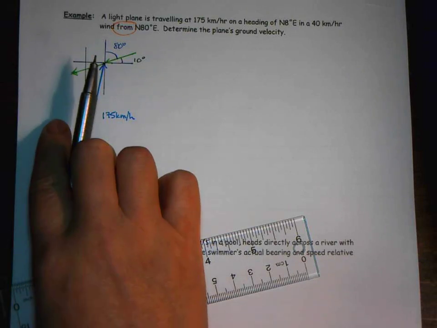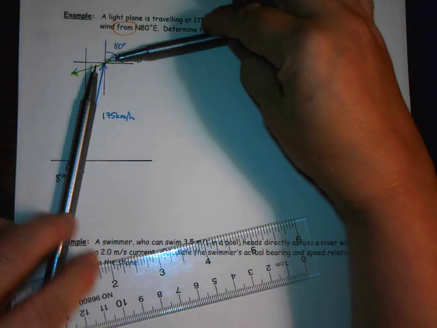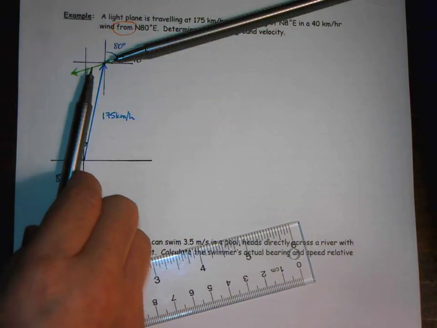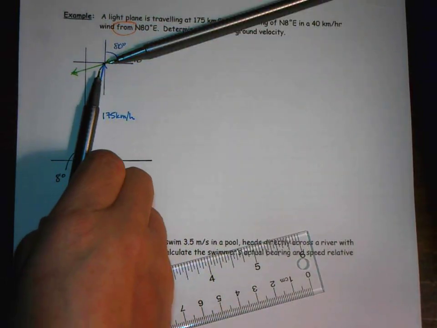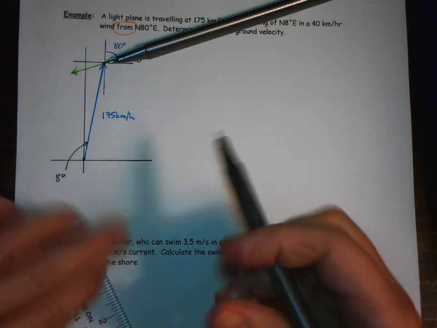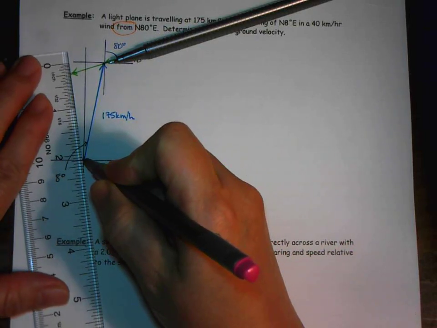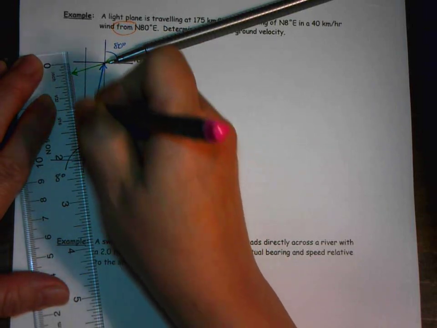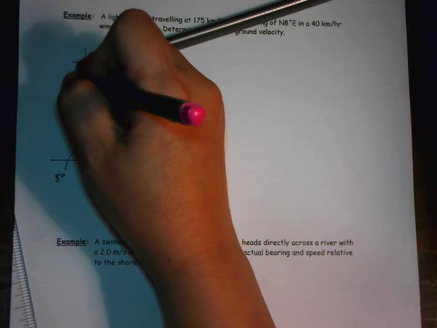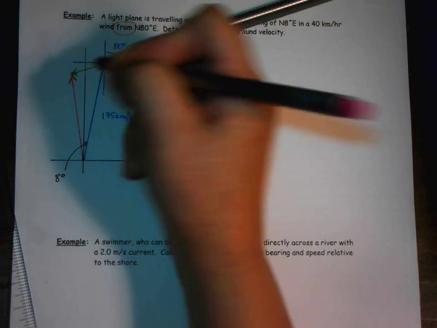So this plane, again being affected by this wind, is going to push it this way so that the flight ends up going in this direction. So this is your resultant. And this is going to be the ground speed of the plane.